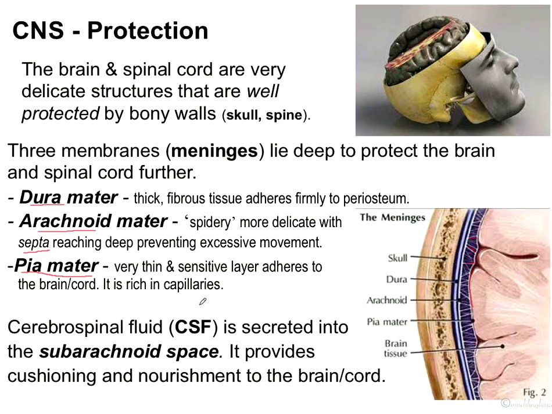Cerebrospinal fluid is secreted into the subarachnoid space, and the subarachnoid space is right here. That's the subarachnoid space. It's below the arachnoid mater, which is the second one. See, then on the outside one is the dura mater, and then that's the bone. There we go. That's basically that.